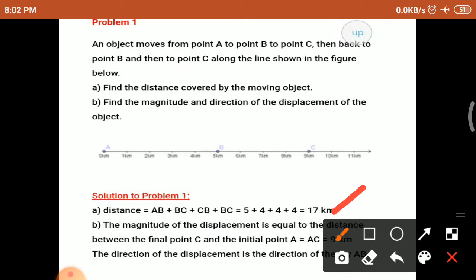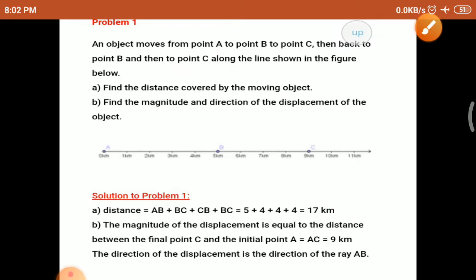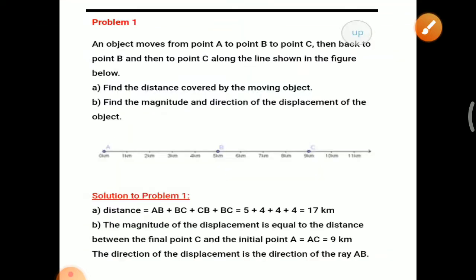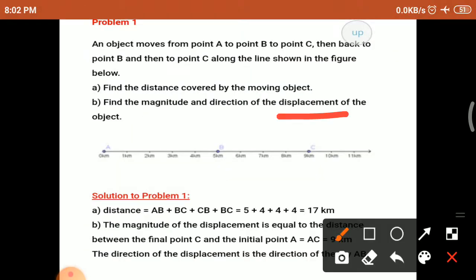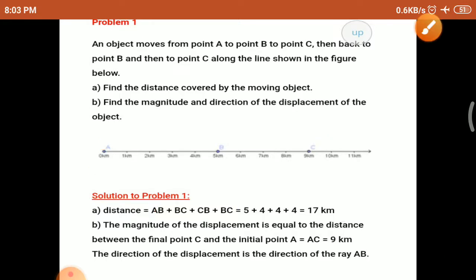How to find the displacement of the object? You know that this is the initial position and the final position is C. The displacement is nothing but the final position minus the initial position. The final position is 9 and the initial is 0. 9 minus 0, 9 kilometer.